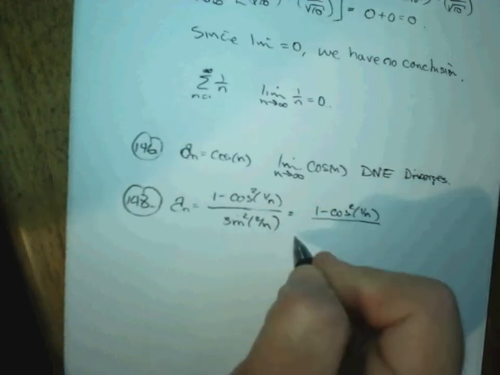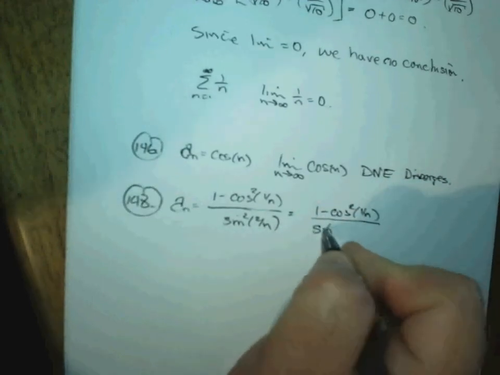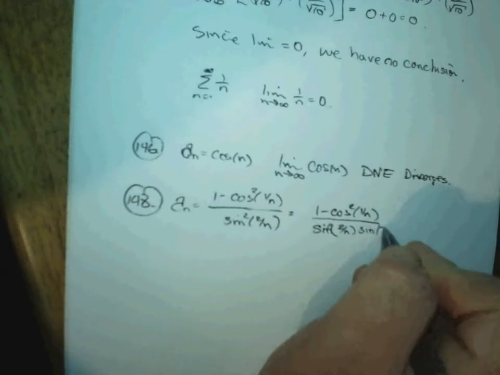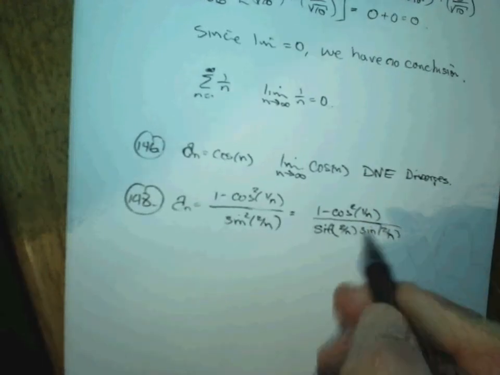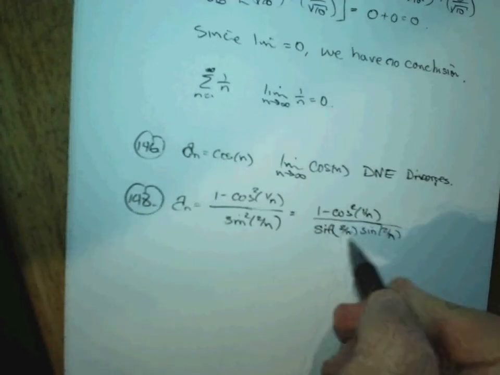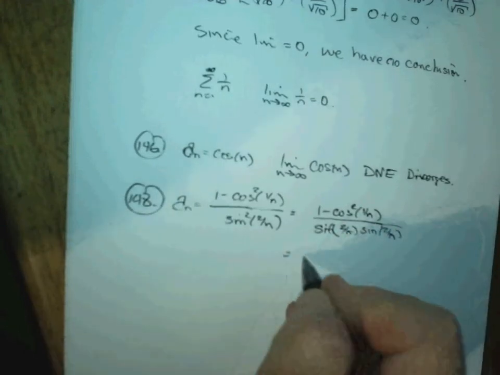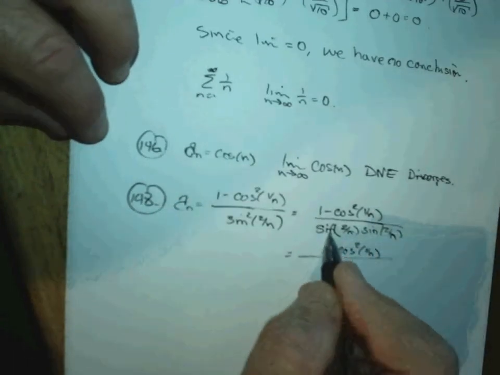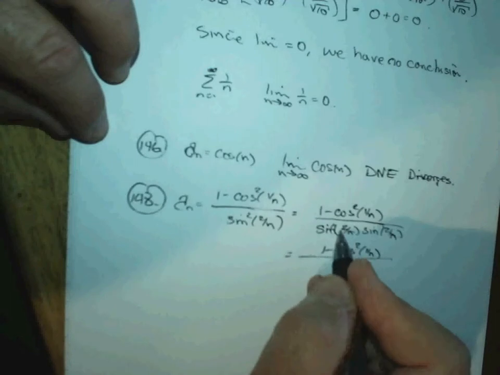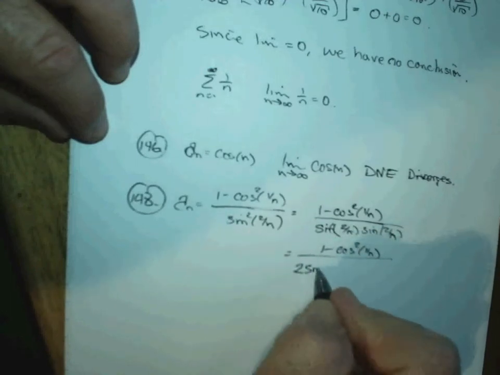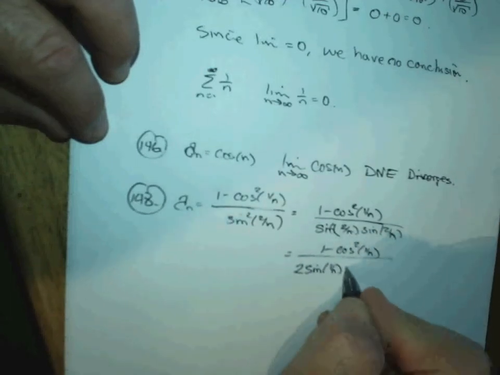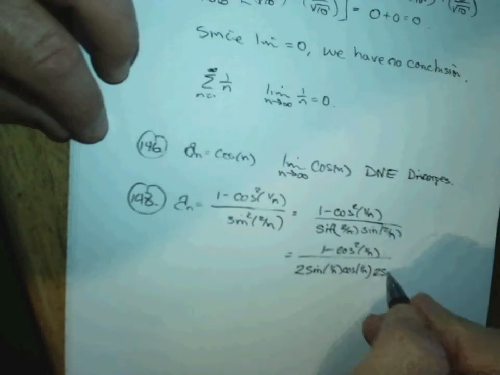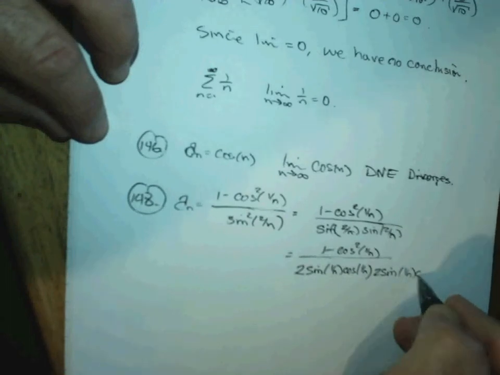What we want to think of here is, in the bottom, that's sine of 2 over n times sine of 2 over n, isn't it? And that's sine of 2 times 1 over n. So think of the double angle identity for sine. The double angle identity for sine: sine of 2 times 1 over n is 2 sine 1 over n cosine 1 over n. Same exact thing for this.